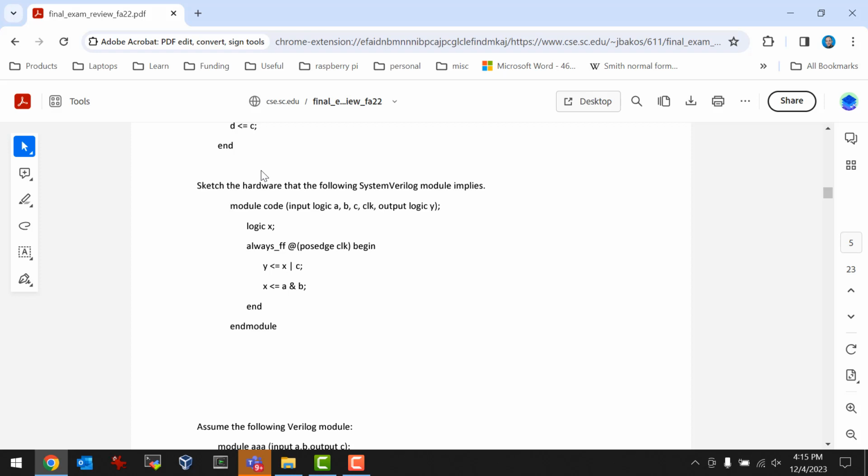You guys remember this from 211? Did you guys use flip-flops in 211? Yeah. So basically just 2 flip-flops and 2 gates. This one is kind of strange because you've got a feedback between the output of this flip-flop and the input of this next state logic. So this creates a little state machine, essentially, because you've got the clock logic and the next state logic.